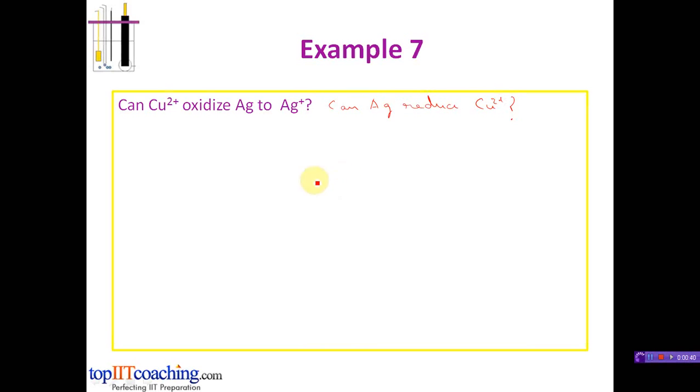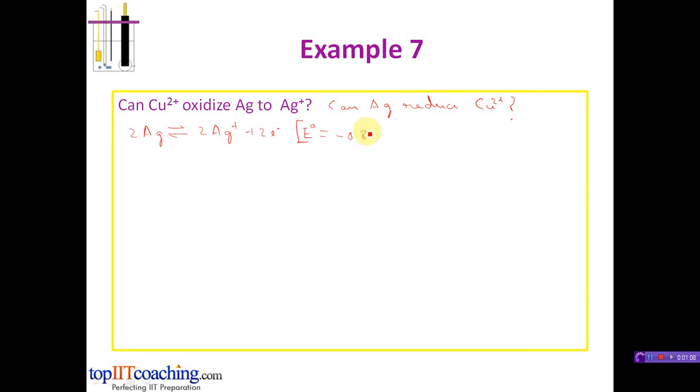Now what we can do is we can write down the oxidation and reduction reactions involved, then calculate the cell potential from the half cell electrode potentials. So the reactions in this case will be 2Ag, which will convert into 2Ag plus plus 2 electrons.